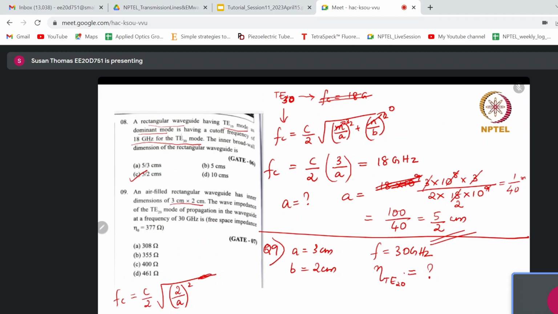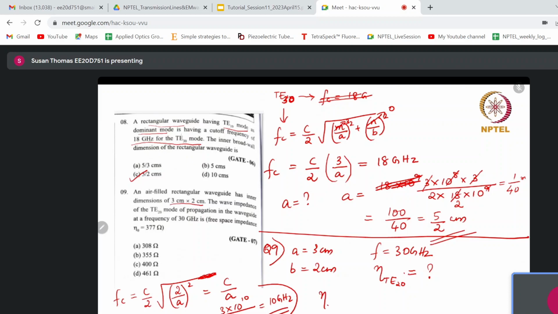The 2 gets cancelled, and finally it is C by A. So 3 into 10 power 10 divided by 3 centimeters is 10 gigahertz. That is your cutoff frequency for the TE20 mode.